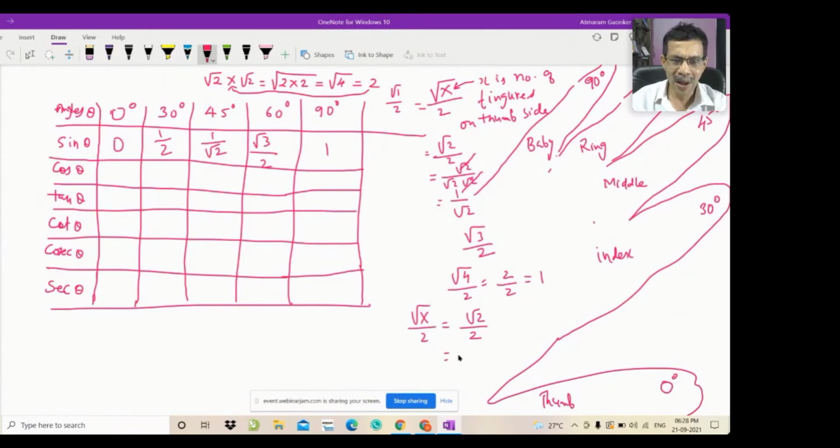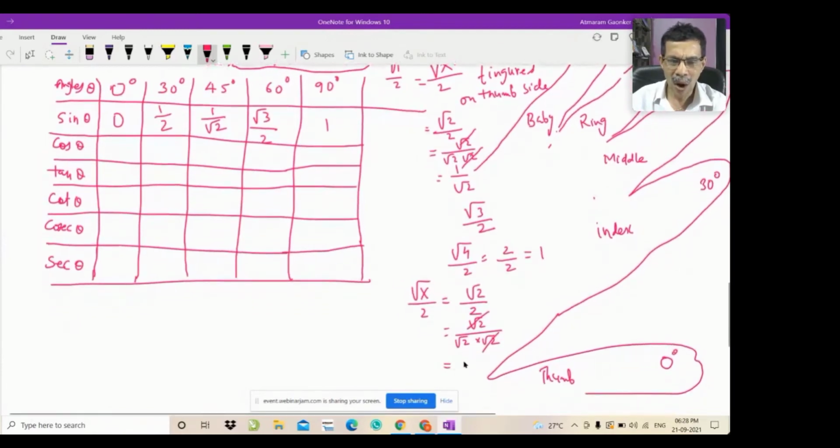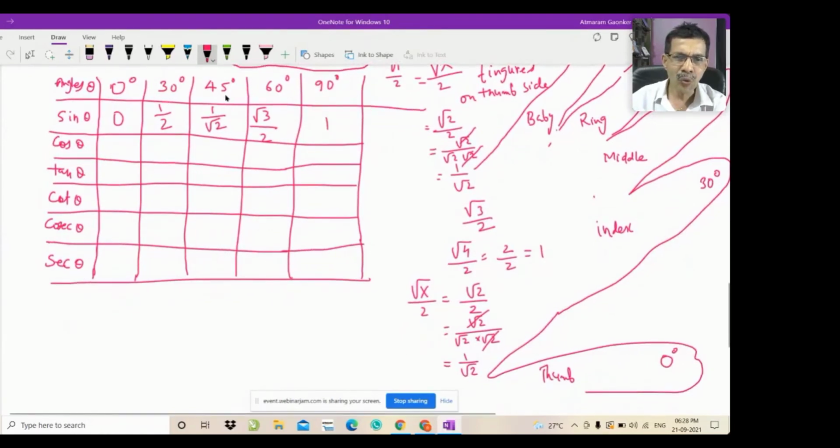So what I have done here is keep root 2 as it is, and 2 I have written as root 2 multiplied by root 2. And from this, one root 2 gets cancelled, and what is remaining is 1 upon root 2. And that is how sine of 45 degrees is 1 upon root 2.